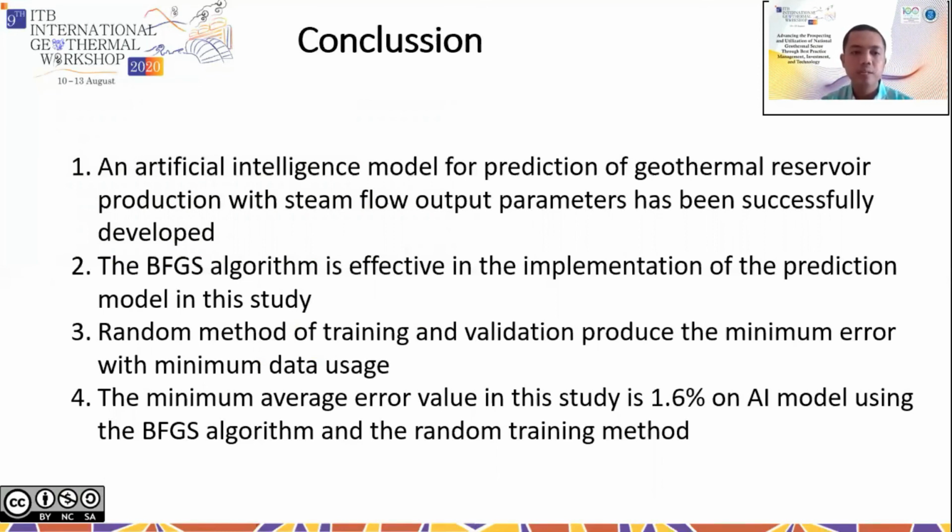The second, the BFGS algorithm, Broyden-Fletcher-Goldfarb-Shanno, is an effective algorithm for implementing the prediction model in the study. The third, the random methods of training and validation produce the minimum error with minimum data usage. And the fourth, the minimum average error in the study is about 1.6% using the BFGS algorithm and the random training methods.